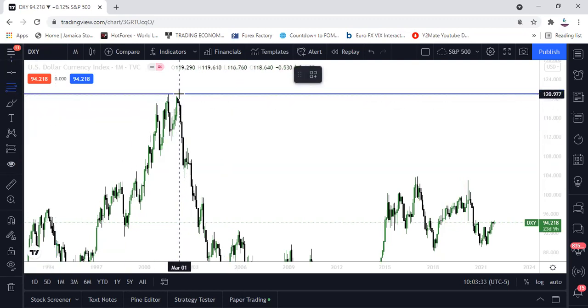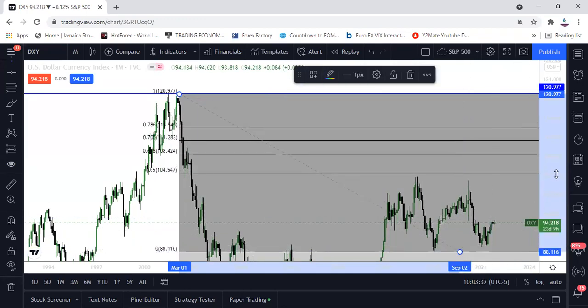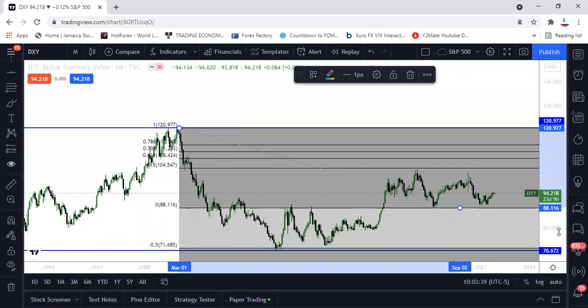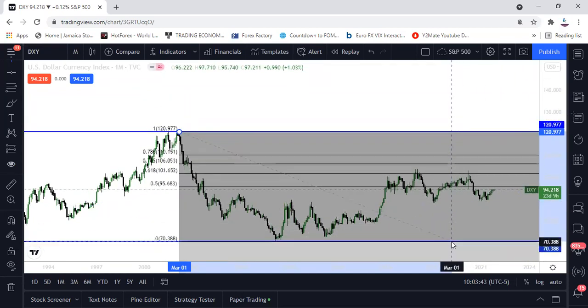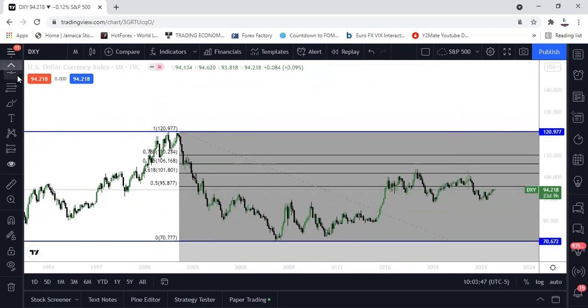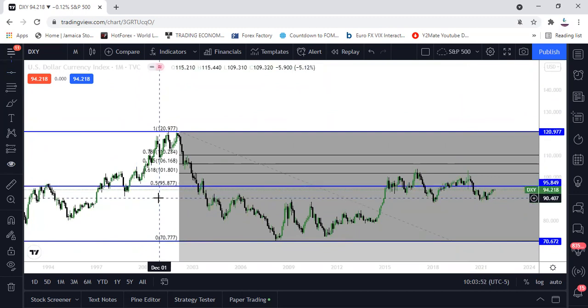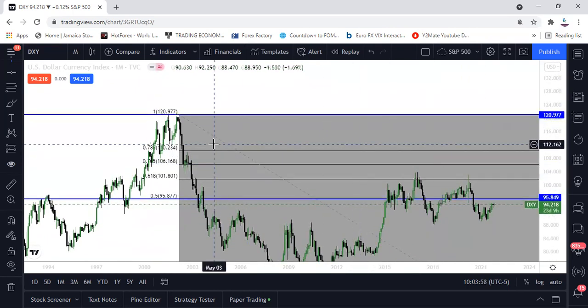Put the fib on, all the way down here. With that fib on, I'm looking at the midpoint of the range being right here at 95. Once I have these levels marked out, I don't need anything else.